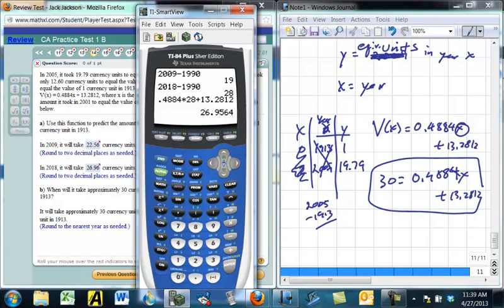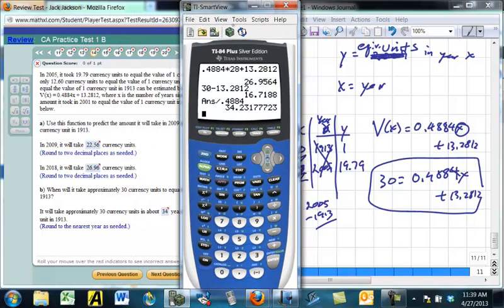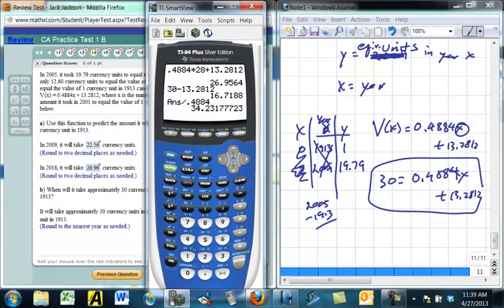If you did it by hand, you'd take the 30, subtract 13.2812, get an answer there, and then divide that answer by 0.4884. So it's 34 point something, 34 years after 1990. Of course, plus 1990, the year would then be 2024.